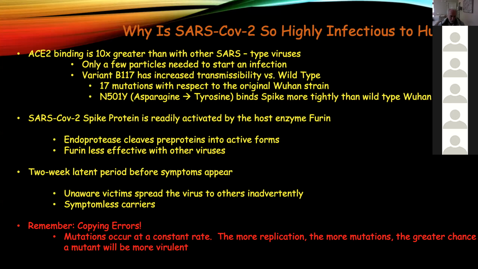There's one other point I want to make here at the bottom in red, copying errors. So you remember when we talked about DNA replication? It's a complex process, mistakes occur, and mutations occur as a result of those mistakes.